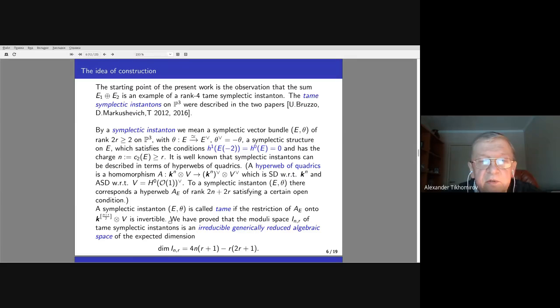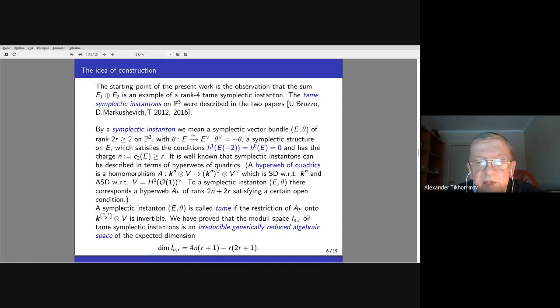And in those papers, we have proved that the moduli space, which I will denote now by I(n,r), of tame symplectic instantons is an irreducible, generically reduced algebraic space of the expected dimension, expected by deformation theory. So here is the formula: n times (r plus 1) minus r times (2r plus 1).